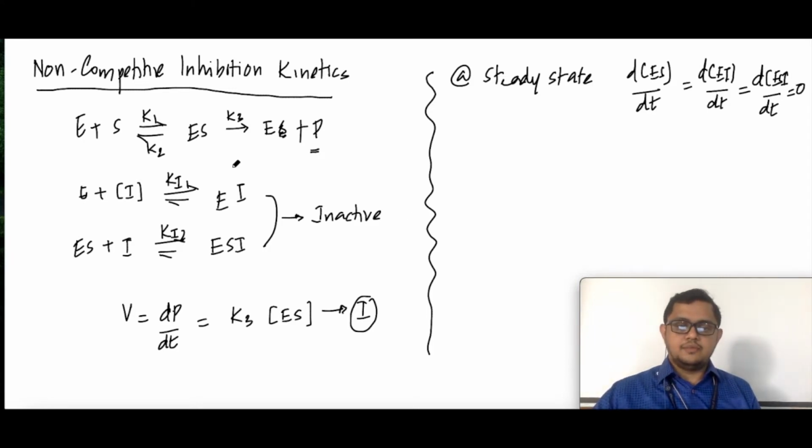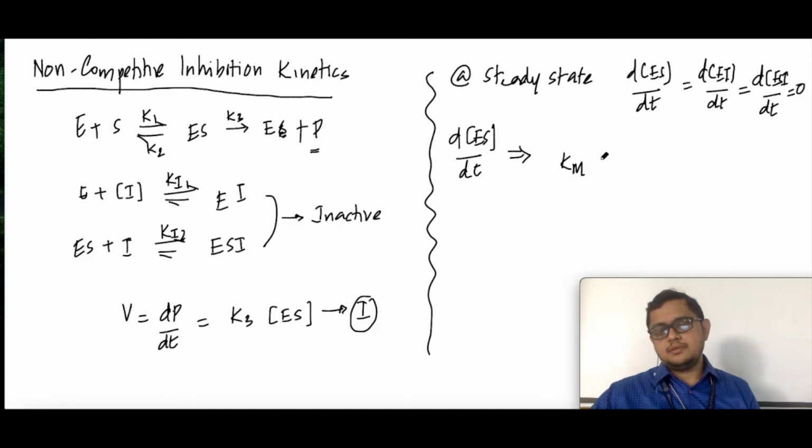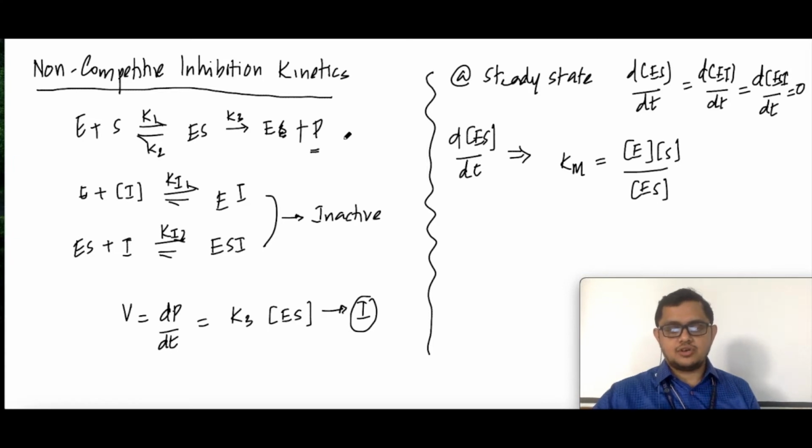So, if I simplify this equation, if I calculate dES by dt, from this we can arrive at an equation like Km is equal to E into S by ES. This comes from the enzymatic reaction.